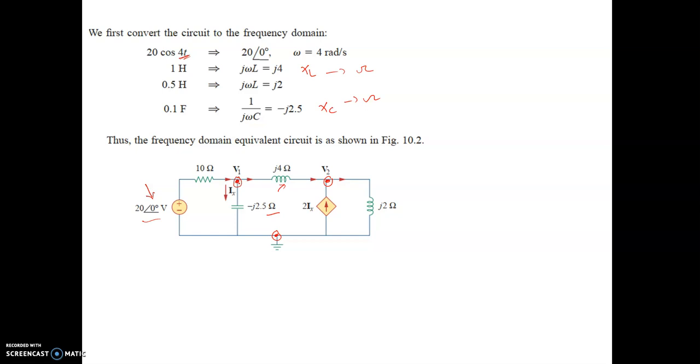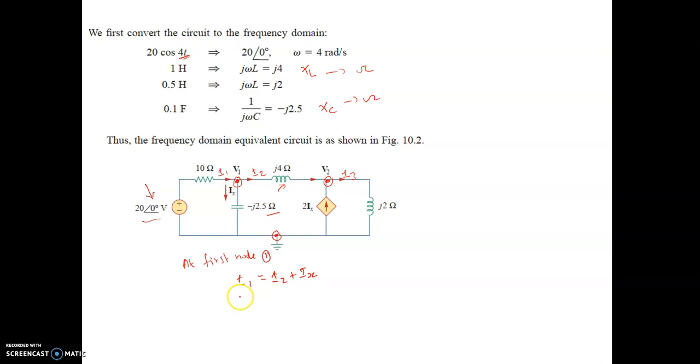When we do the first, at the first node, or node 1, we indicate the current directions arbitrarily. Suppose this is I1, this is I2, this is I3, then at node 1, I1 is equal to I2 plus Ix.